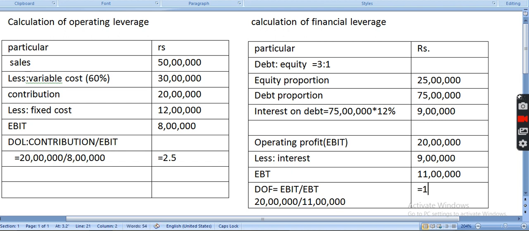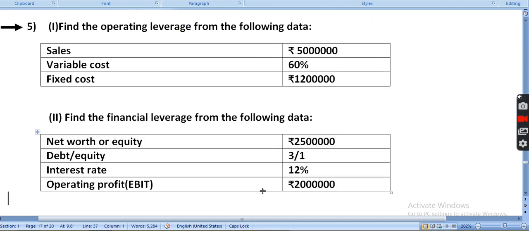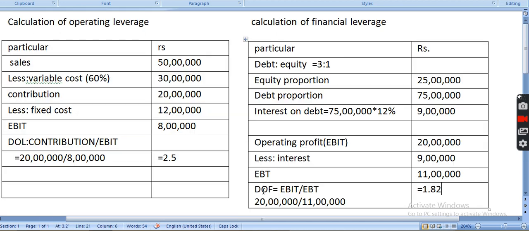That is 1.82. So this is the answer of operating leverage, and this is the answer of financial leverage. Leverage means use of borrowed amount, or in another way you can say leverage means how much risk is involved in a particular project. So here is 2.5 and here is 1.82. This is sum number 5 in the exercise, and this is the solution of sum number 5.